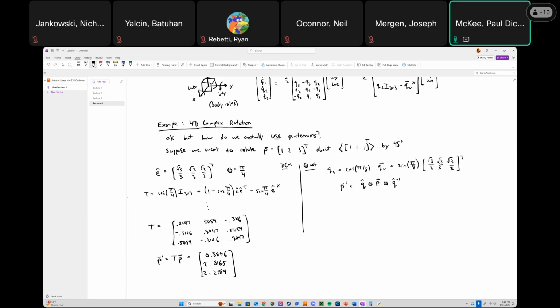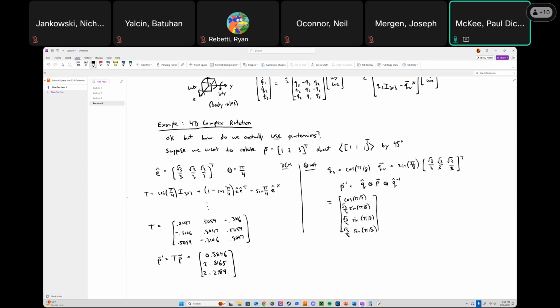Okay, so if we write that out, then it's going to look like this. Q is cosine pi over 8, and then root 3 over 3 sine of pi over 8, and it's going to be the same all the way down: root 3 over 3 sine of pi over 8, and root 3 over 3 sine of pi over 8.